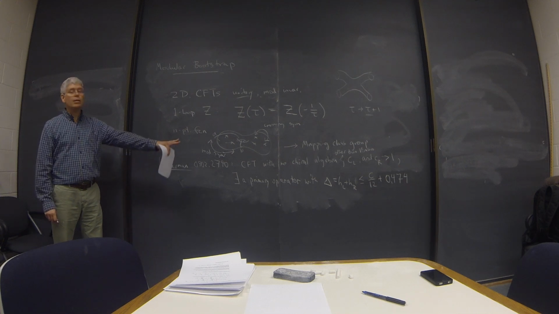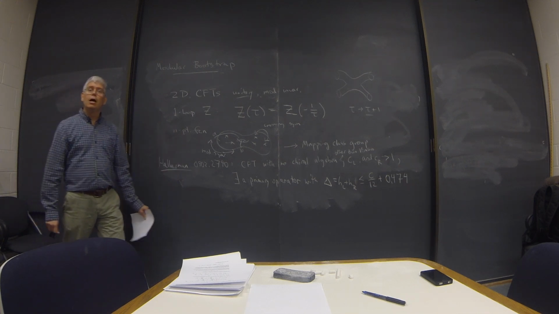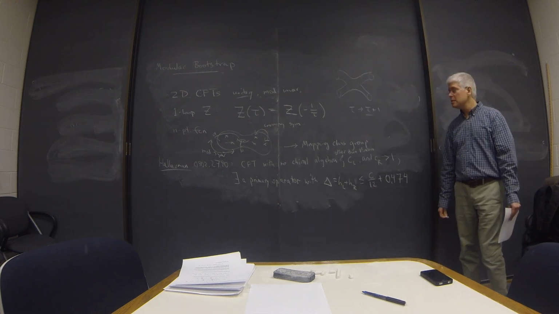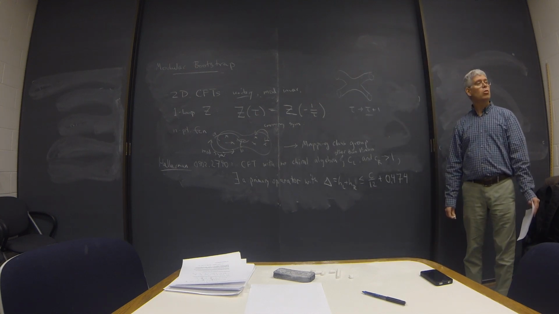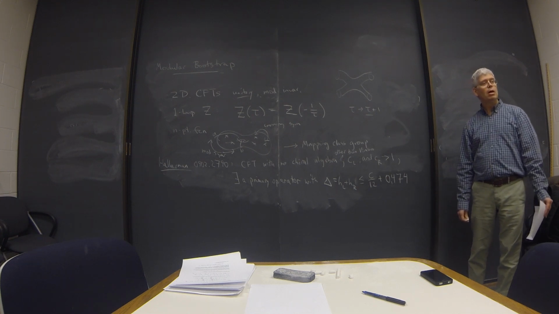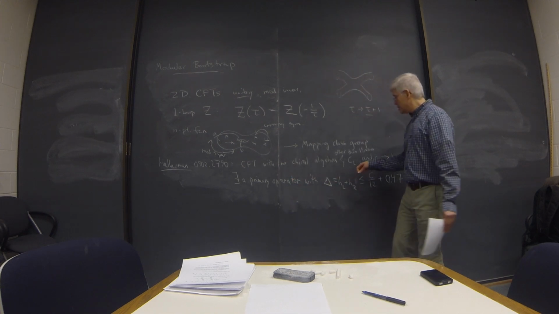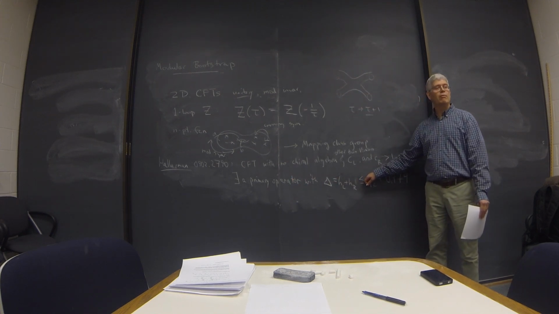And one thing this is useful for, besides just telling us a very general fact about CFTs, is it's also interesting from the point of view of three-dimensional gravity, because we know from holography, if you have a CFT with a holographic dual, this is then saying something about the spectrum of the gravitational theory.